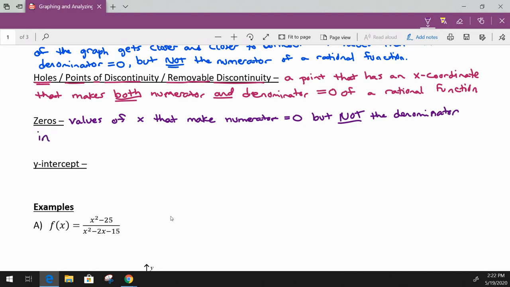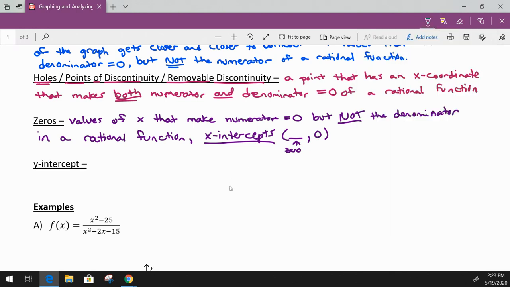These are also called your x-intercepts. Your x-intercept has your value for x, and your y-coordinate is always 0. So whatever value of x in the numerator makes the equation equal to 0 is your x-coordinate, and 0 is your y-coordinate.